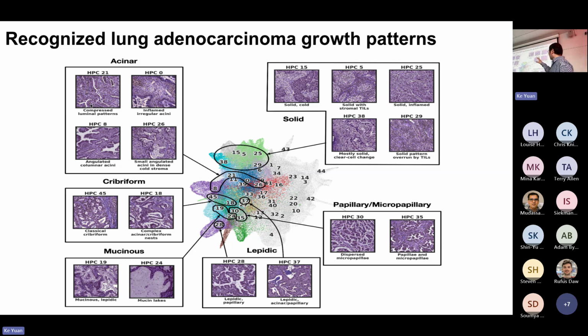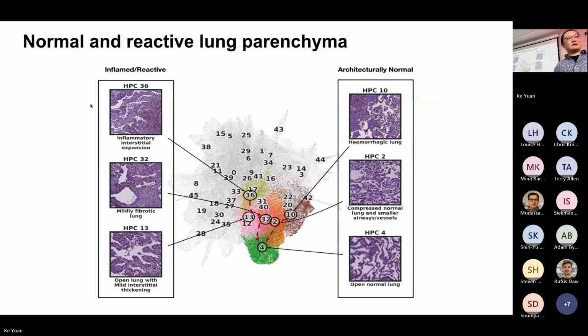We find different subcategories ranging from very cold, with not much immune activity going on, all the way to solid patterns full of infiltrating lymphocytes. I think the numerical property of the neural network, reflected in this UMAP, is that different areas show quite nice coherence in terms of their appearance.